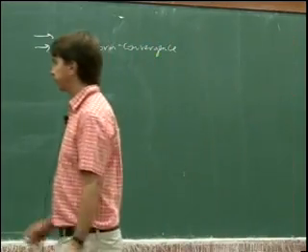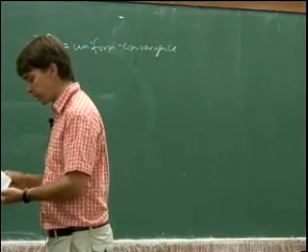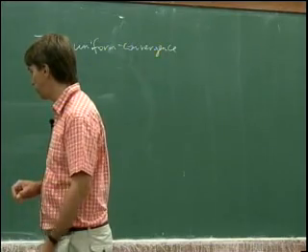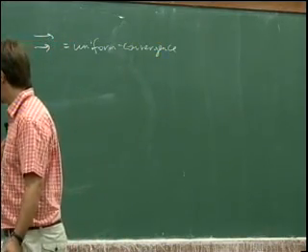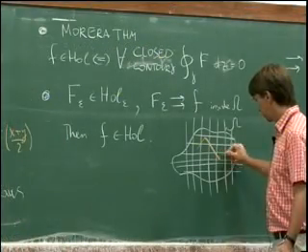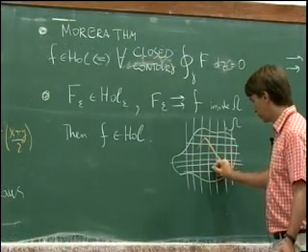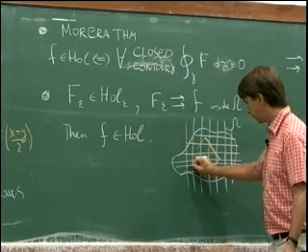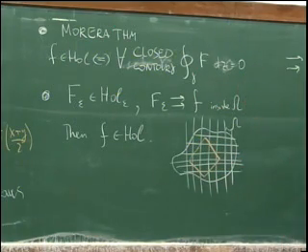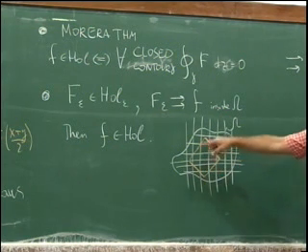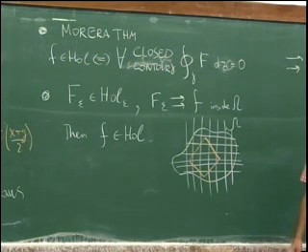OK. Well, the proof is very easy. What we do, we take any reasonable contour. And the discrete contour integral of f epsilon is 0.